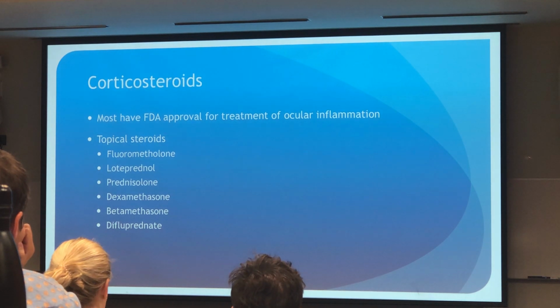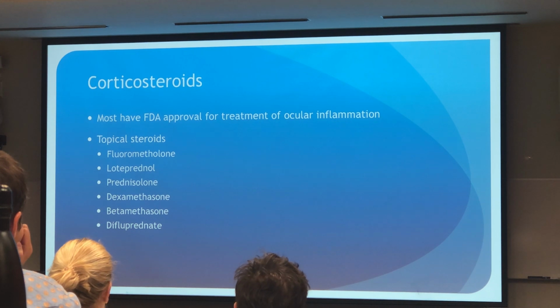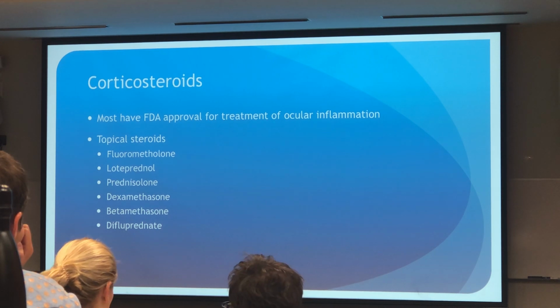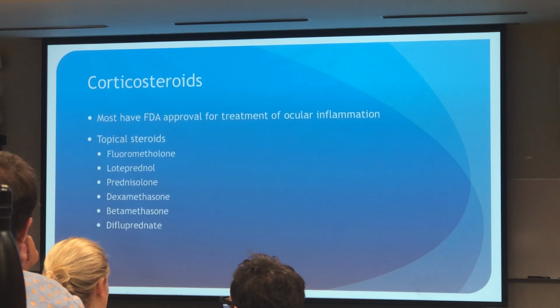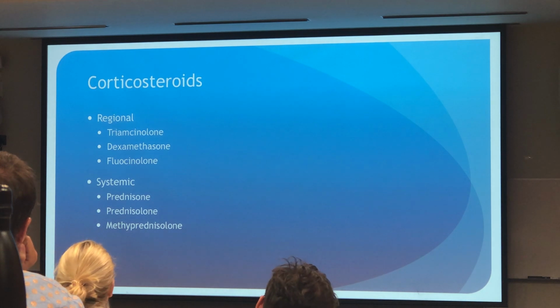The first thing, as I mentioned, is the steroid. Most of the steroids have FDA approval for treatment of ocular inflammation. These are the steroids that are available in the US as a topical steroid. Actually, I don't know if betamethasone is available anymore, but I know in many other countries it is.